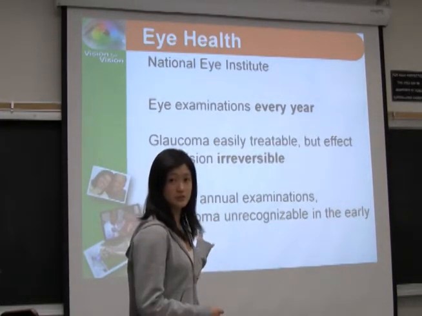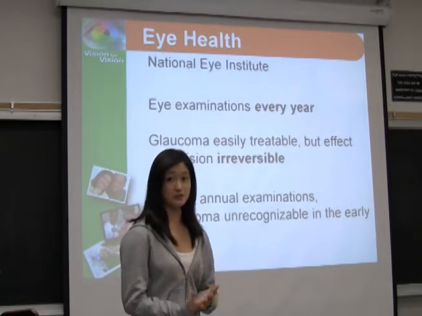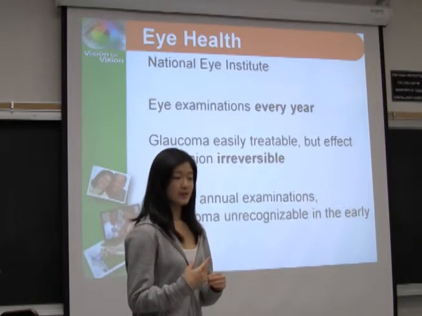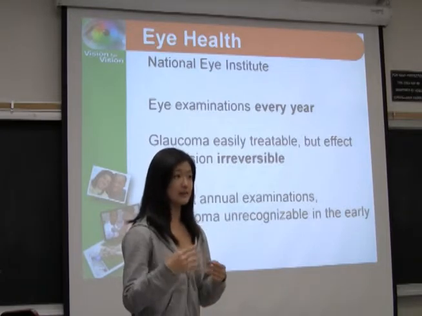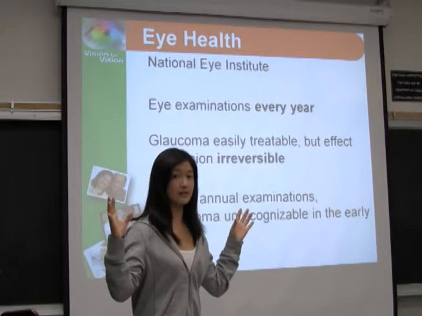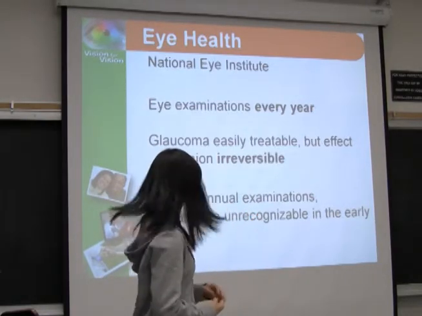Like from the optical illusions before, what we were saying is sometimes the mind and the eye can be tricked. And in the case of glaucoma, often the mind and the eye are tricked into thinking that their field of vision is still whole and complete, when in reality it's slowly shrinking due to glaucoma.